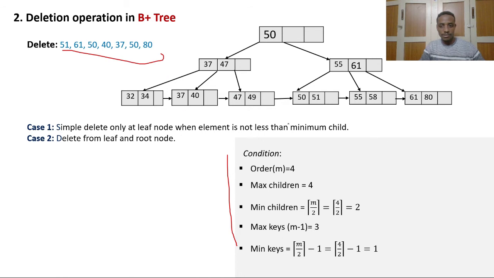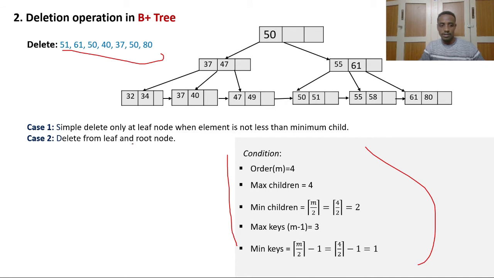One simple case is when the node fulfills the condition: for example, if the minimum number of keys is one and we have 2 or 3 keys here, we can simply delete from the leaf node. So deleting starts from the leaf node and goes up to the root node.